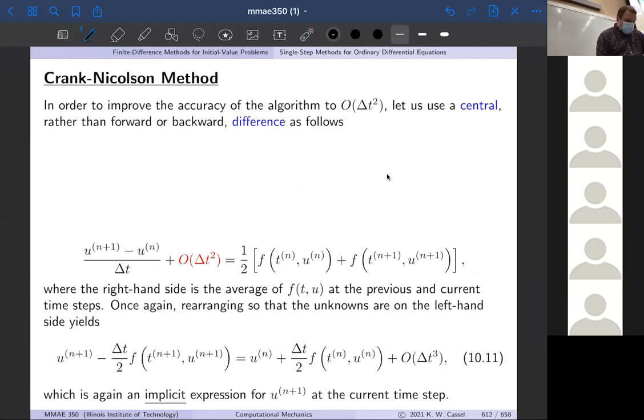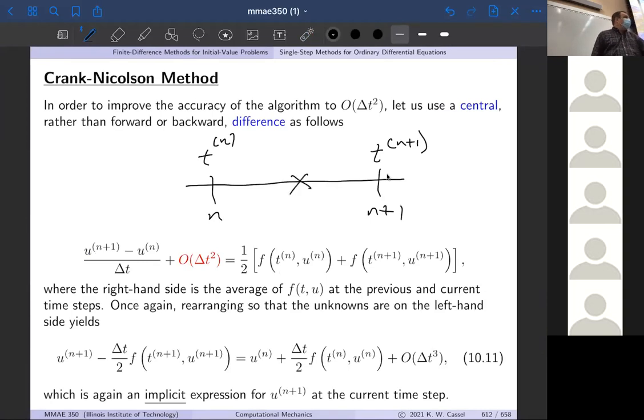They said, well, the problem is when you apply your forward and backward differences, of course, they are only first order accurate. So what you need to do is put your X marks the spot exactly between them. So this is going to be delta t over 2, delta t over 2. So we split the time step right down the middle.